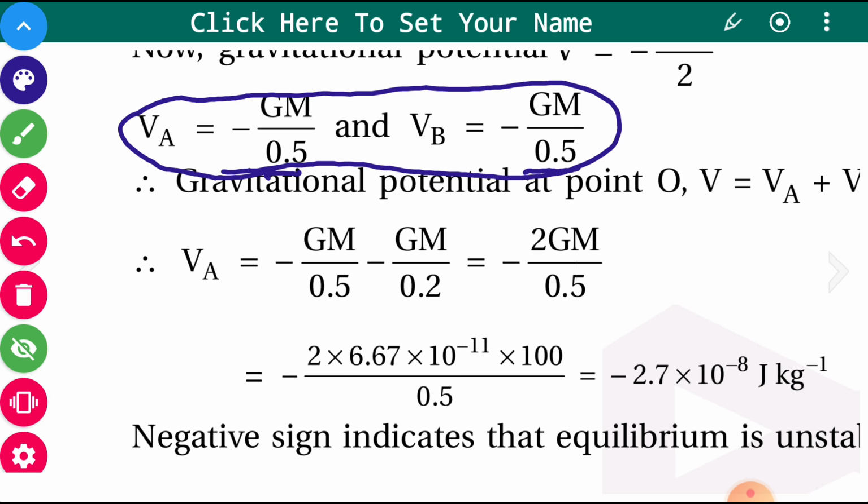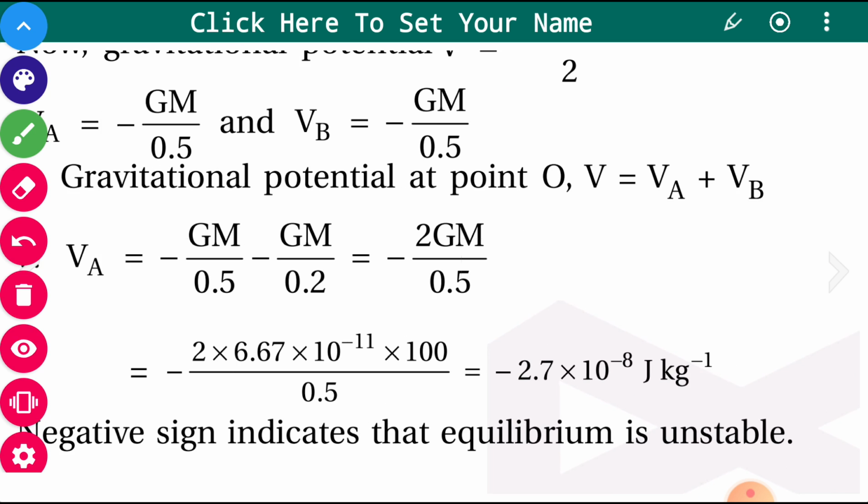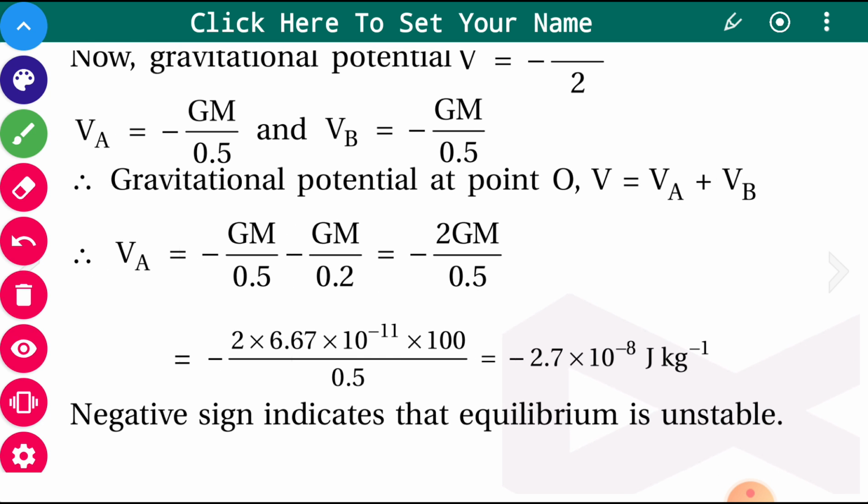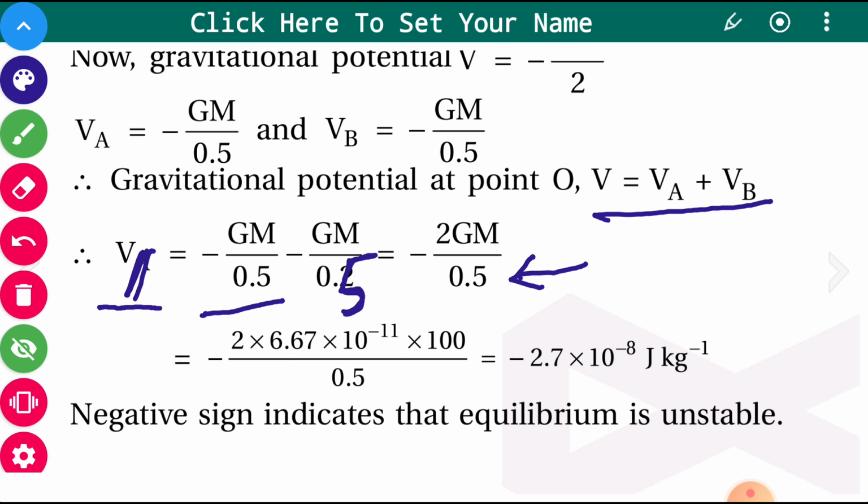V is equal to VA plus VB, you can see easily. VA and VB are both the same, so total potential V is equal to minus Gm upon 0.5, minus Gm upon 0.5. So it becomes minus 2 times Gm upon 0.5. Here also there is a misprint, it is not 0.2, it is 0.5.